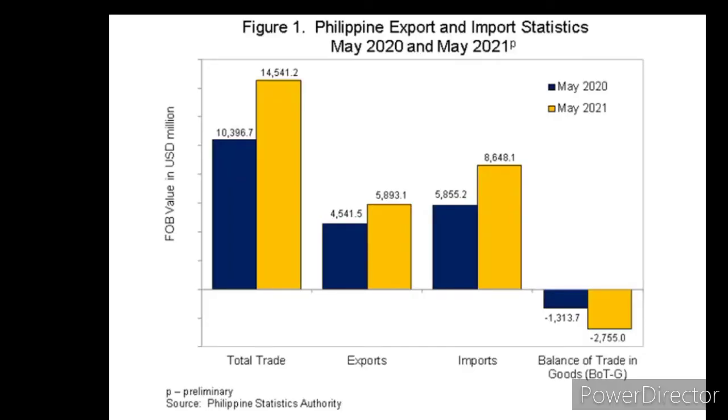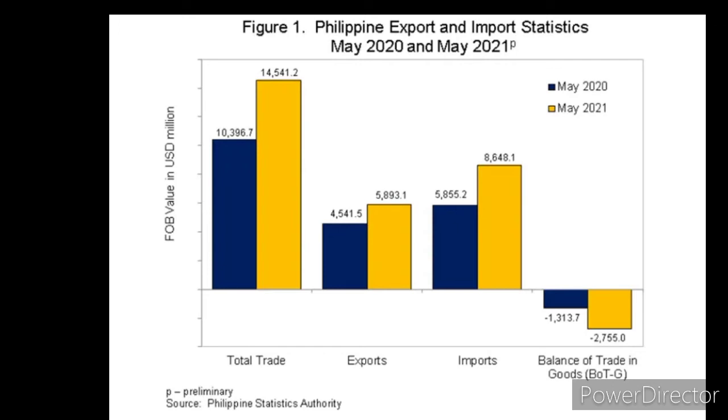In this graph, we can see that the Philippine trade deficit increased by 109.7%. It only implies that our imports exceed our exports, because a trade deficit occurs when a country's imports exceed its exports during a given time period.